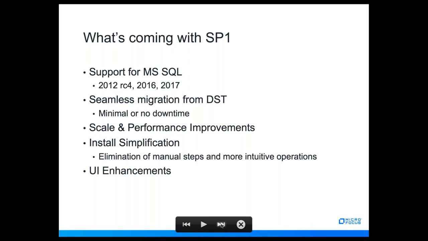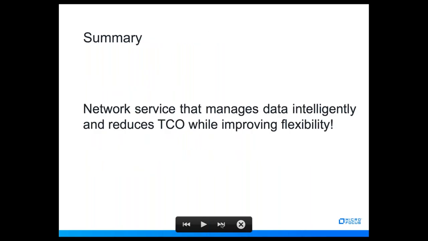So in summary, CAS is a network service that helps you manage your whole data infrastructure in an intelligent fashion, with the single objective to reduce the total cost of ownership significantly, while improving your flexibility to address business needs. Because as you move inactive data and free up primary SAN and NAS storage, you can use that for other purposes.